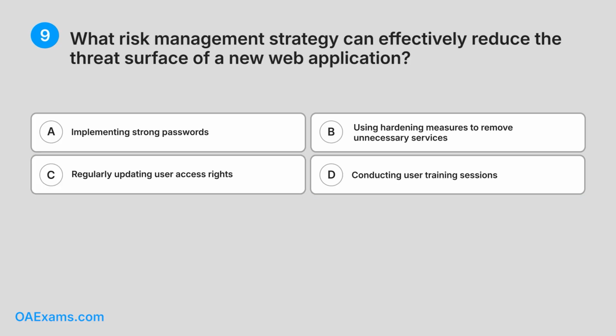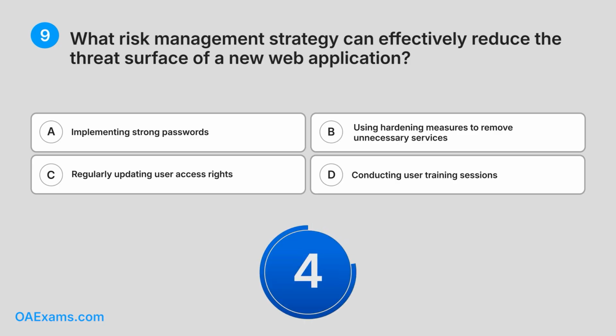9. What risk management strategy can effectively reduce the threat surface of a new web application? A. Implementing strong passwords. B. Using hardening measures to remove unnecessary services. C. Regularly updating user access rights. D. Conducting user training sessions.